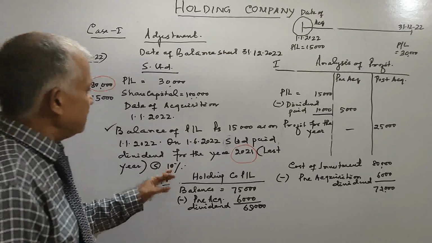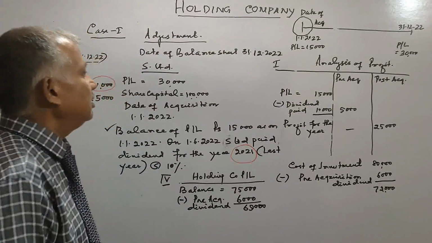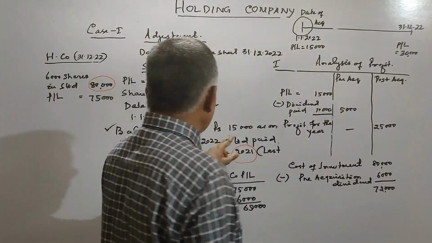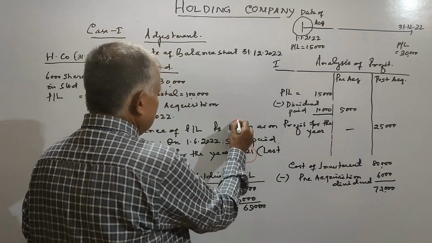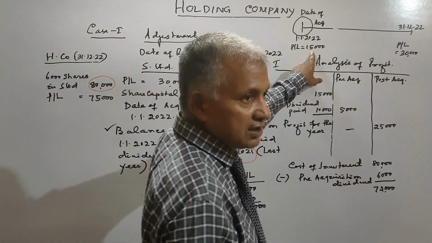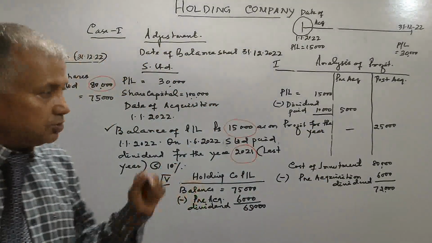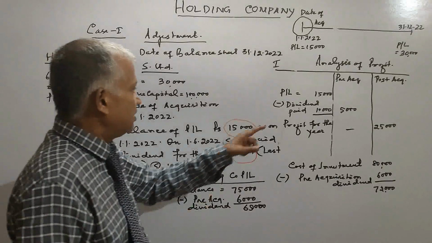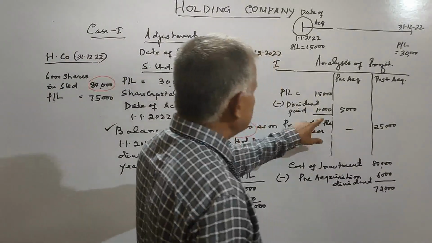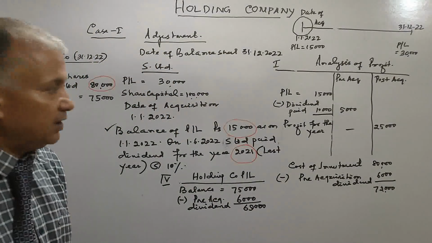If it is 10%, then PL was 15,000 at the beginning of the year. From the 15,000 we shall pay dividend of 10%, 1 lakh into 10%, that is 10,000. So dividend paid is 10,000 out of pre-acquisition profit.